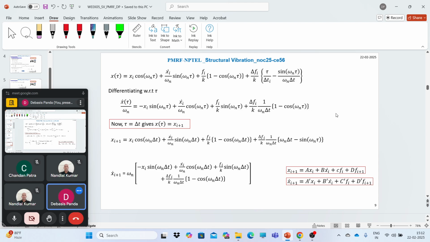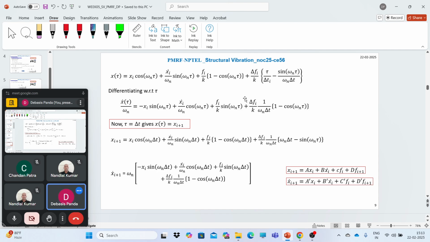We will get the solution at the i plus 1 point. The total solution x i plus 1 will be xi cos omega n del t plus xi dot by omega n sin omega n del t plus fi by k, 1 minus cos omega n del t plus del fi by k, and so on.